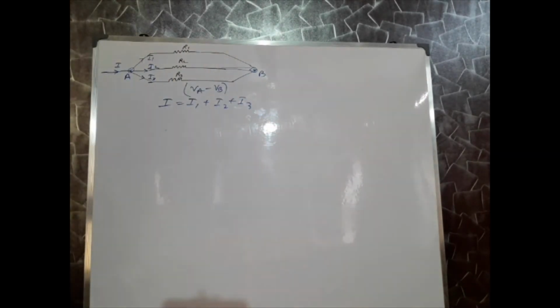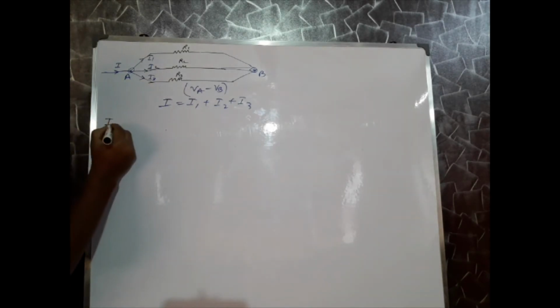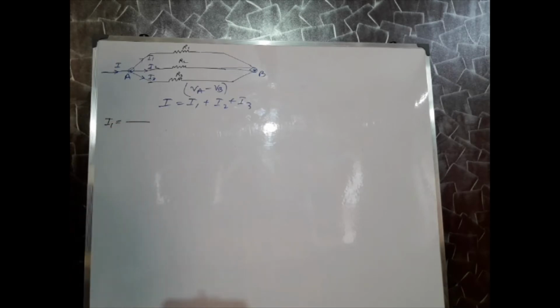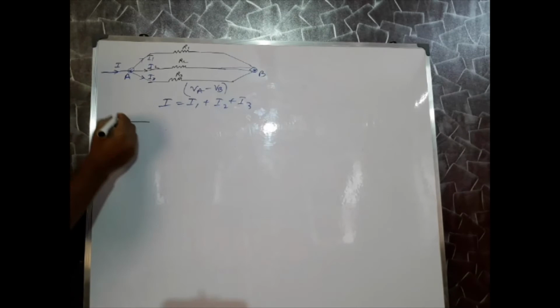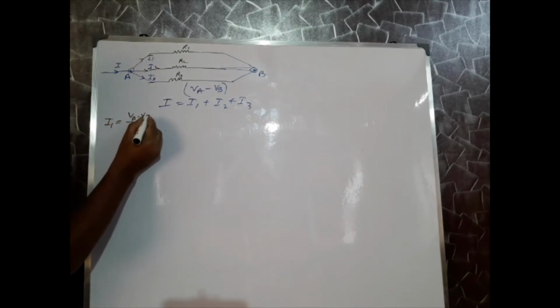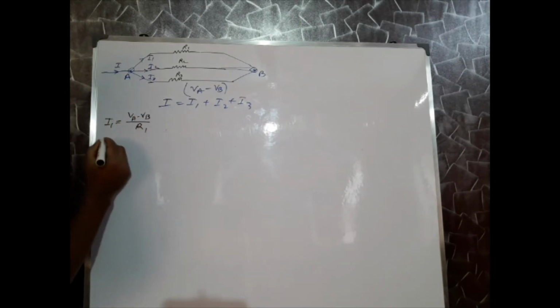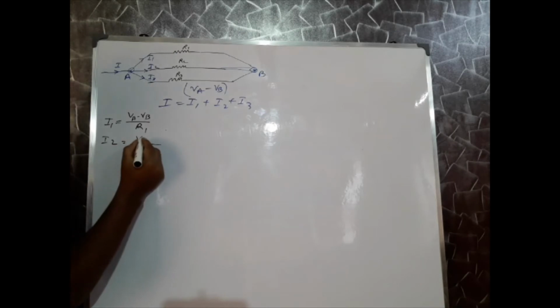So now according to Ohm's law, tell me what is the value of I1, what is the value of I2, what is the value of I3. We know current is equal to the potential difference divided by resistance. So here the potential difference of each resistor is what? Same, VA minus VB. So I1 is VA minus VB by R1. I2 is equal to VA minus VB by R2.